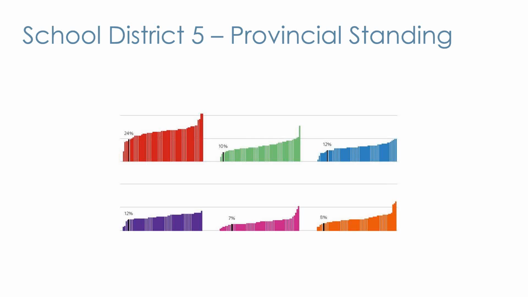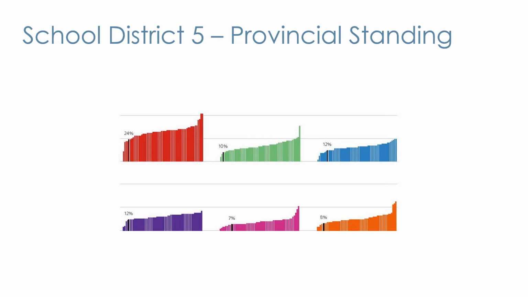So there's 59 school districts, so there's actually 59 lines in each of those little graphs, where School District 5 lines up. And you can see that in each of those graphs School District 5 is towards the left-hand side or the lower end of the distribution.